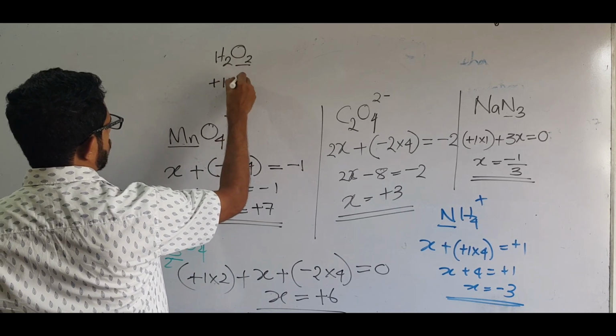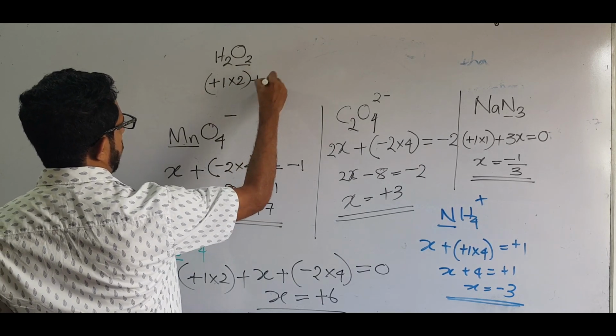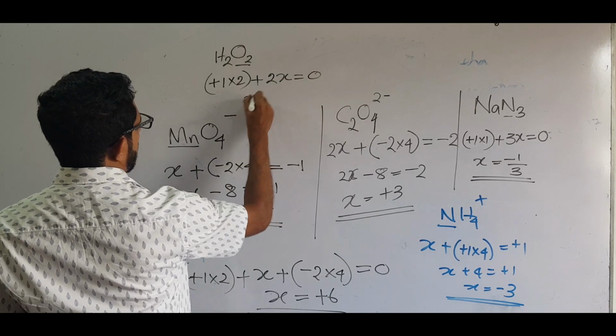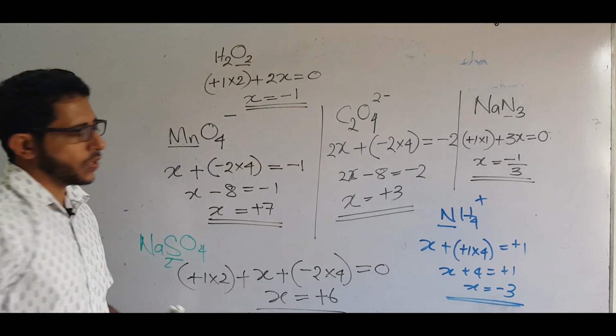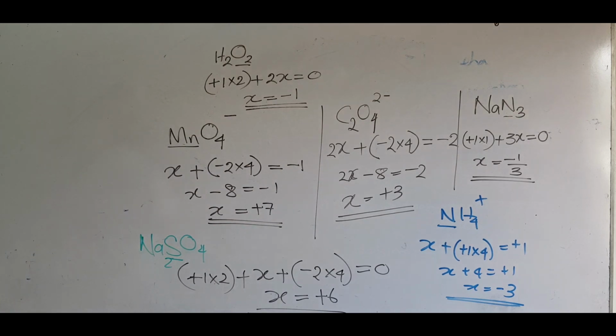So, +1 into 2 plus 2x equals 0, x equals -1. So, in that particular case x is -1. So, using the basic rules I told you, we can easily find the oxidation state of any substance we have, right. So, that is how we find the oxidation state of different compounds.